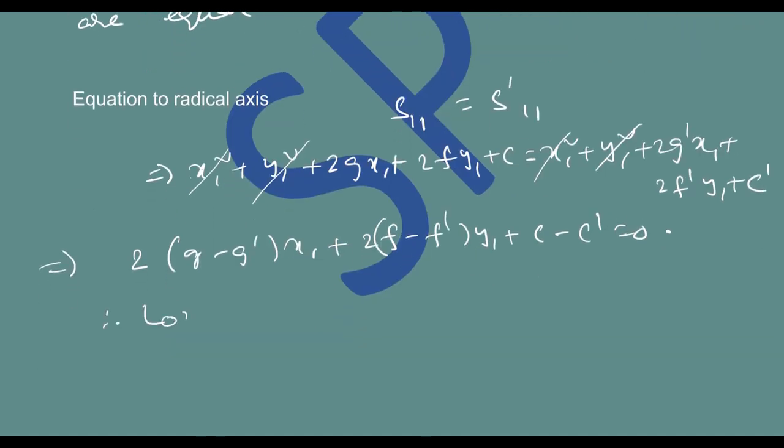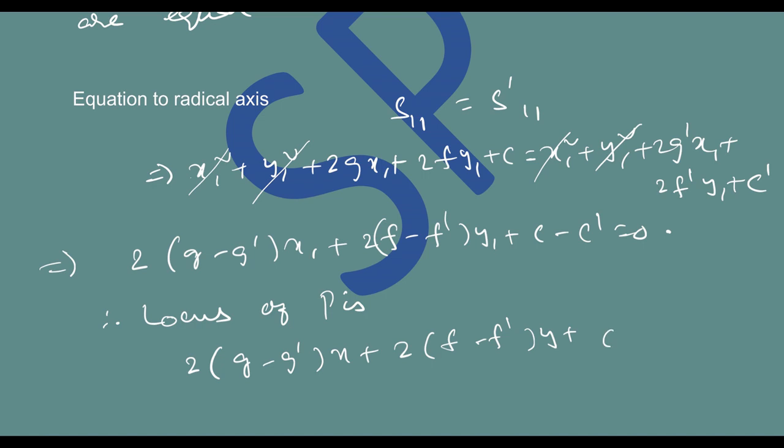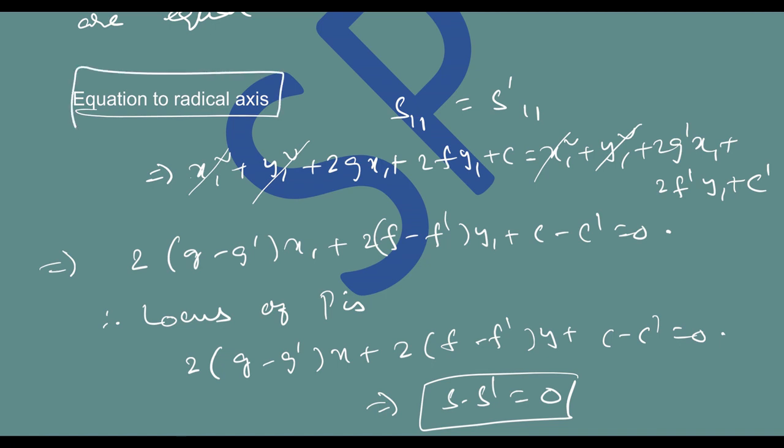Therefore, locus of P is nothing but 2 into (g minus g dash) into x plus 2 into (f minus f dash) into y plus c minus c dash equal to 0. Now you can see that this is nothing but S minus S dash equal to 0. Therefore, equation to the radical axis of two circles S equal to 0 and S dash equal to 0 is nothing but S minus S dash is equal to 0.